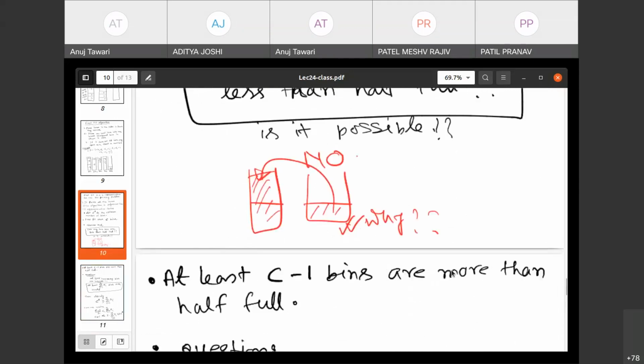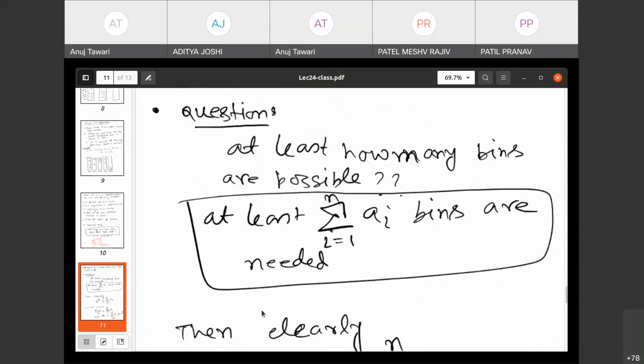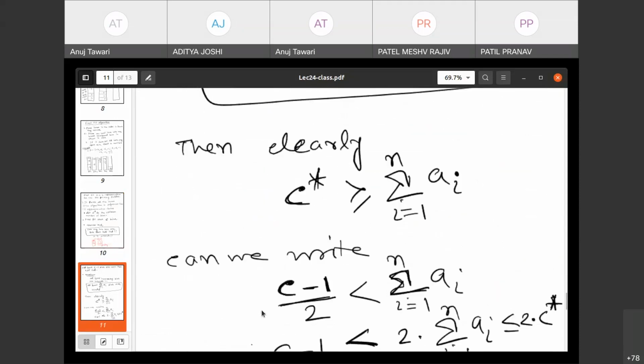What we know is that at least C minus 1 bins are more than half full in whatever arrangement we are proposing. So (C minus 1) by 2 is definitely less than the summation from I equal to 1 to n of AI, because C minus 1 bins that are more than half full must pack all these items.